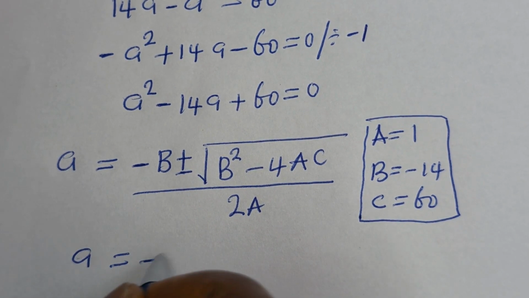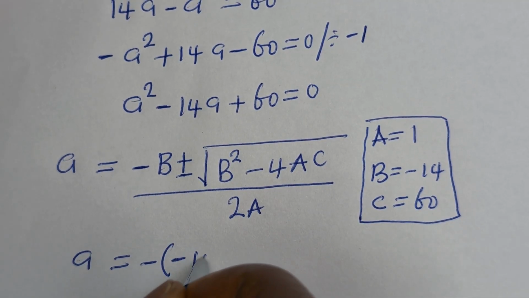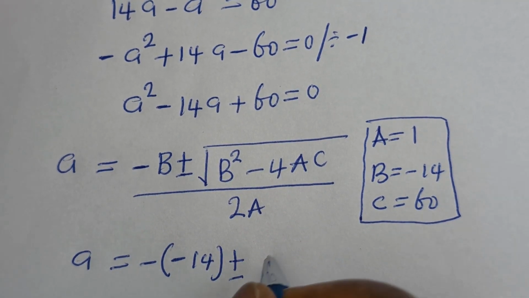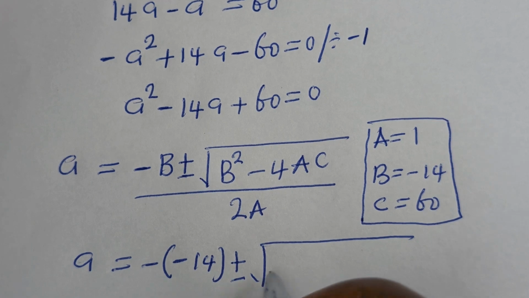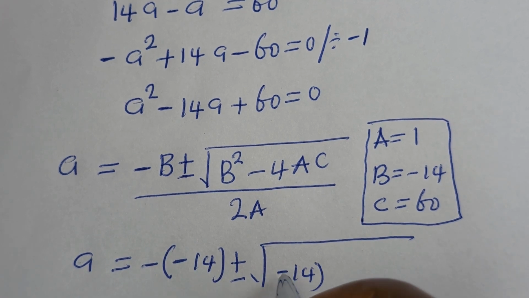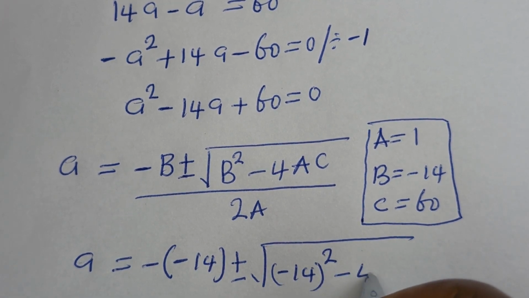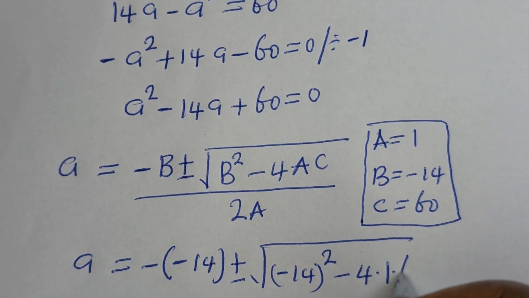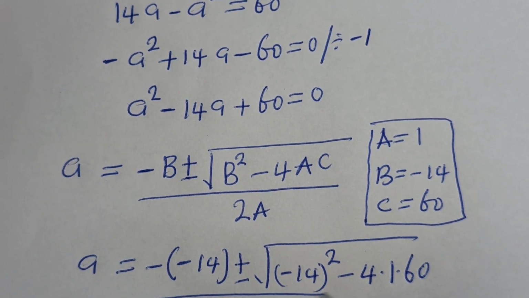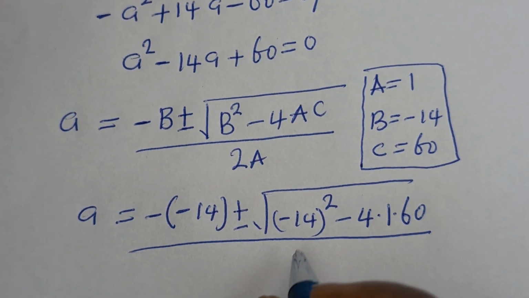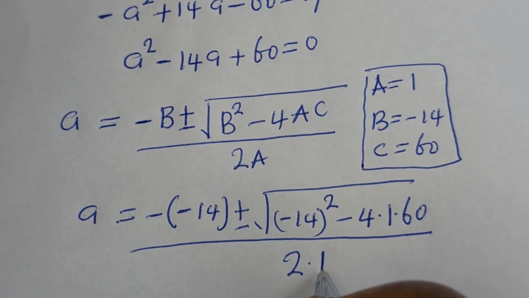A is equal to minus bracket minus 14 plus or minus square root of minus 14 square minus 4 multiplied by 1 multiplied by 60 over 2 multiplied by 1.